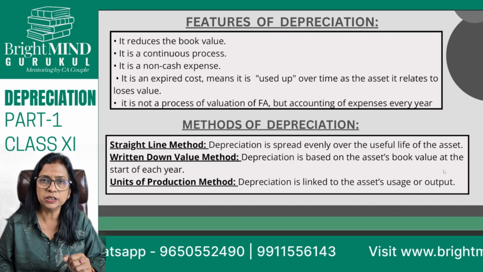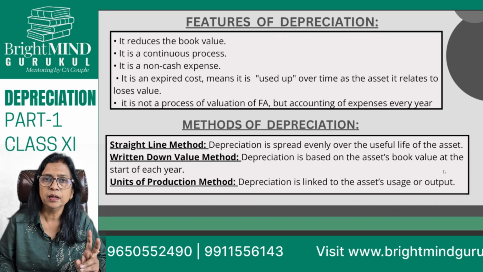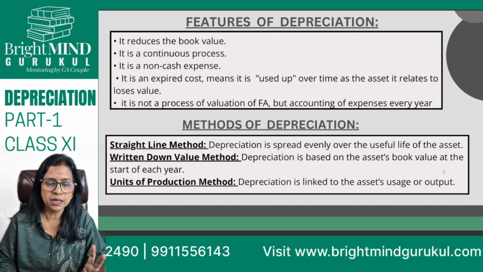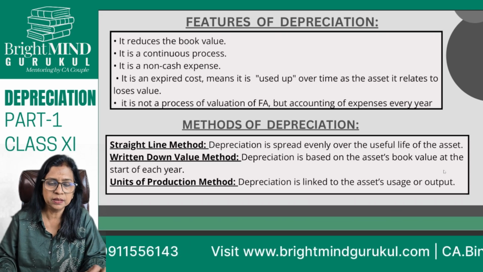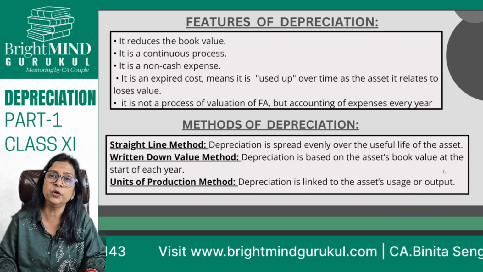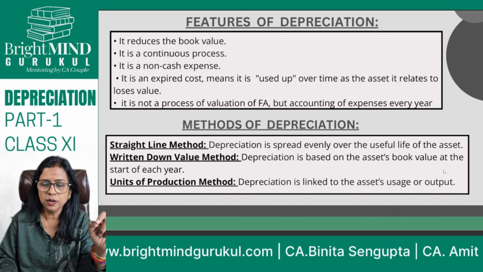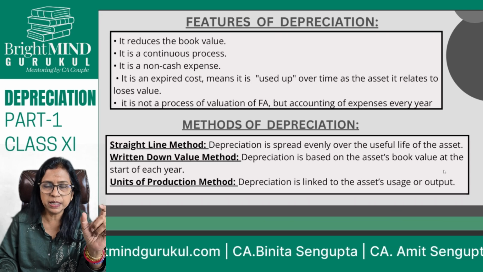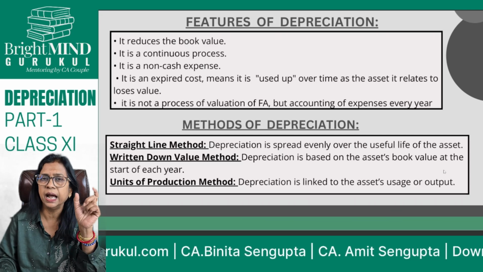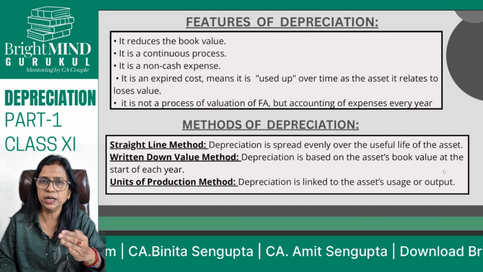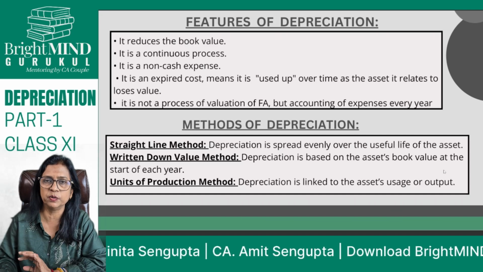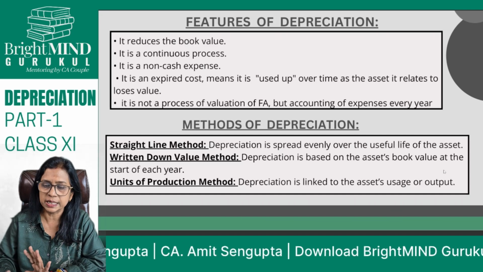So what are the methods of depreciation? There are basically 3 methods, which are straight line method, written down value method and unit of production method. Straight line method is the simplest one, which is when depreciation is calculated at a fixed cost. Every year the same depreciation will be charged on the assets.